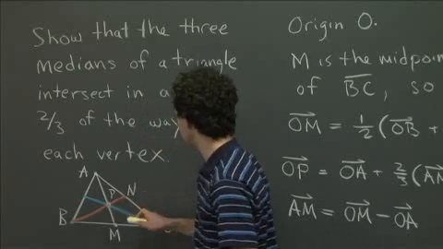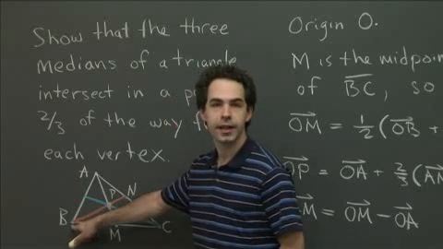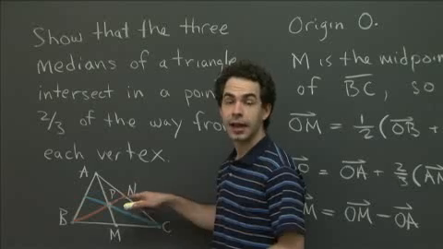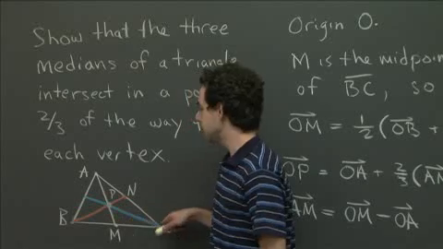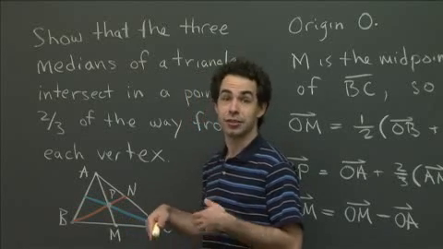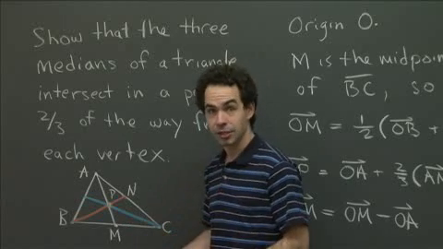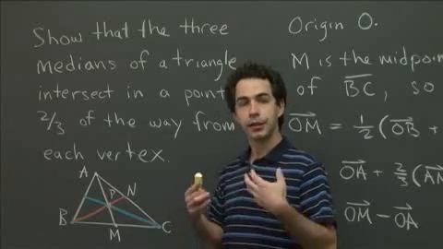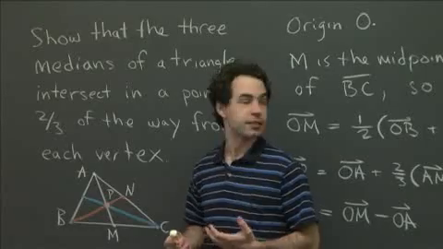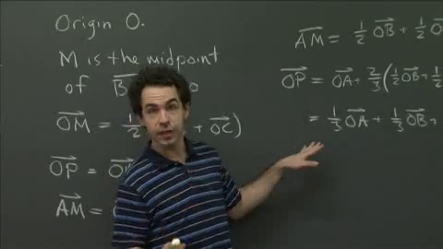So I could let Q be the point that lies 2/3 of the way from B to N. And then I could write down the position vector of N in terms of OA, OB, and OC. And then I could use that to write down the position vector of Q in terms of OA, OB, and OC. And I'll get some expression. And what will happen at the end, I hope, if I'm lucky, is that expression will be equal to this expression that I found over here. Okay? So you can go through and do that.